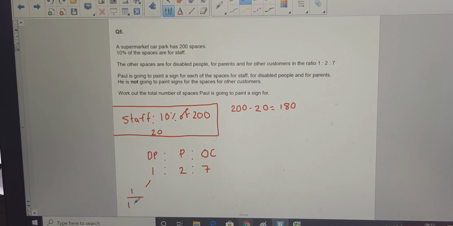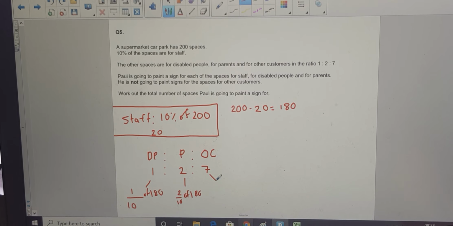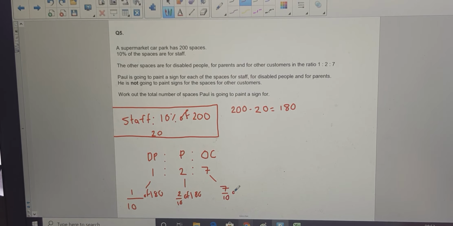This is 1/10 of the remaining 180. This is 2/10 of 180. And this is 7/10 of 180.